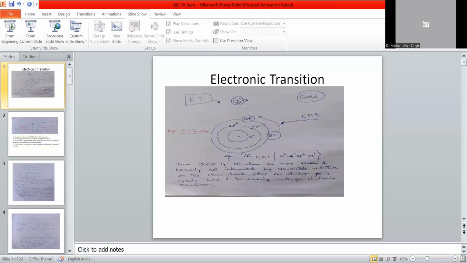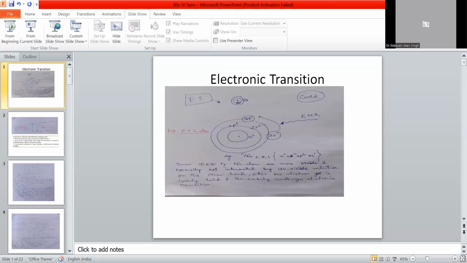There are 6 possible transitions, but among the 6, the physically important ones involved are 4. I have shown the 4, but what are the remaining 2? This is what I want to repeat.